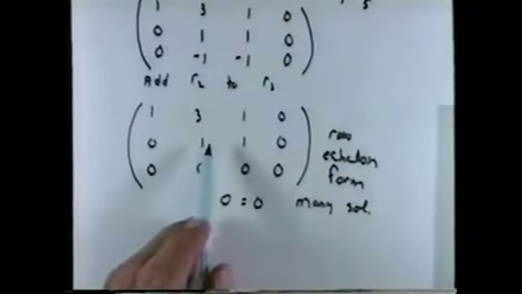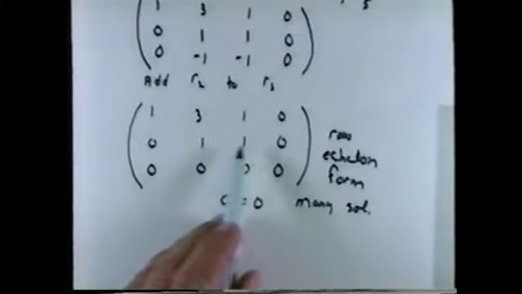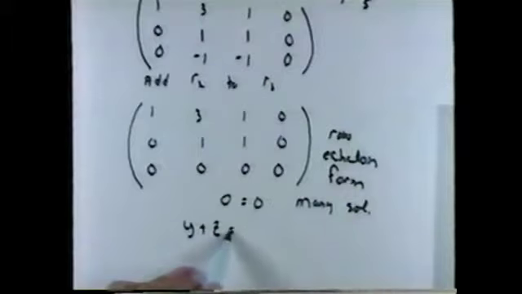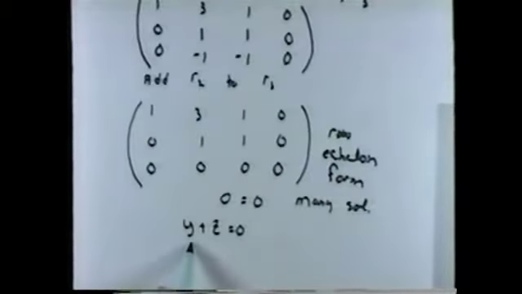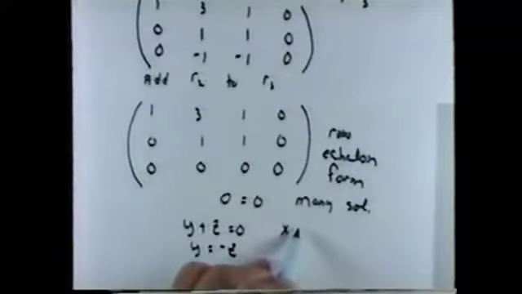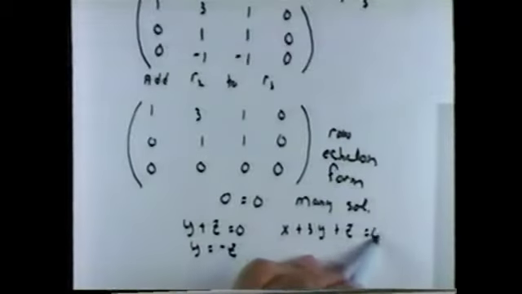Going back to this equation, I have that y plus z is equal to 0, which means that y is equal to the opposite of z. According to this equation, I have x plus 3y plus z is equal to 0.